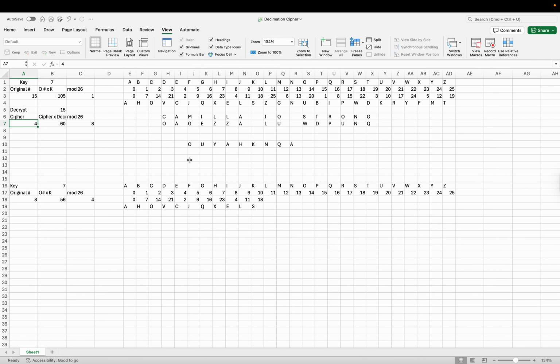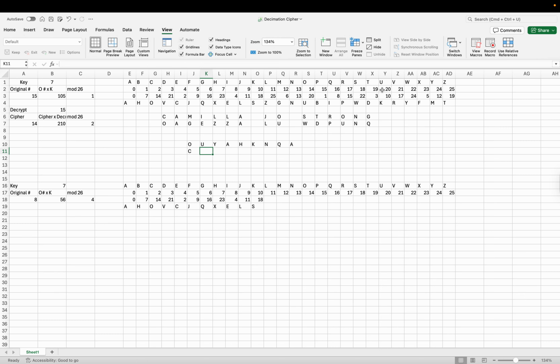We're going to decrypt this word right here. We're going to start with O. So O is number 14, let's put 14 in. That is 2. So that would be C.